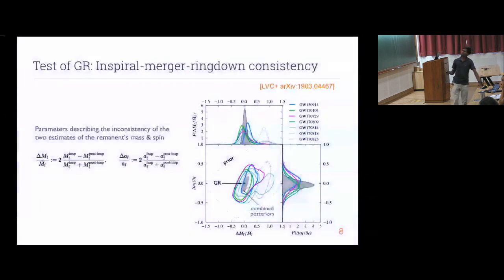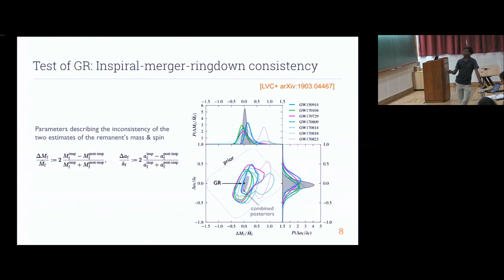These are the latest results from the analysis. As I mentioned earlier, in O1 and O2 you have seen 10 binary black hole mergers. Instead of plotting the final mass and spin individually, we have plotted the posteriors of the relative difference in the mass and spin obtained using inspiral and post-inspiral templates.